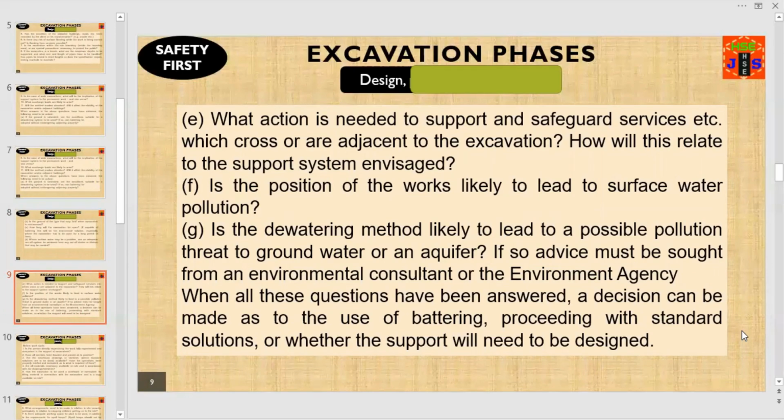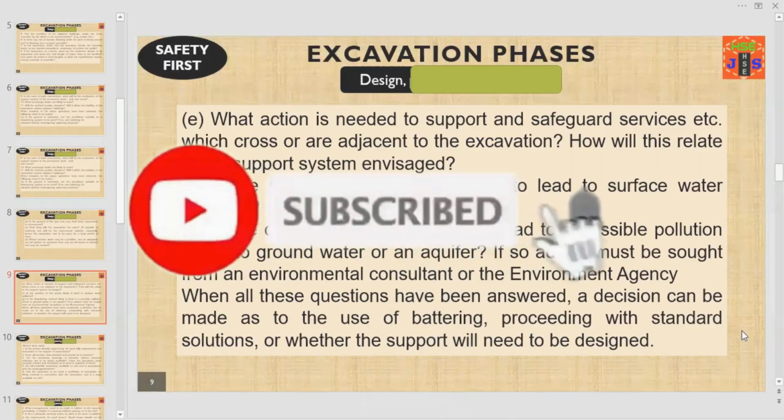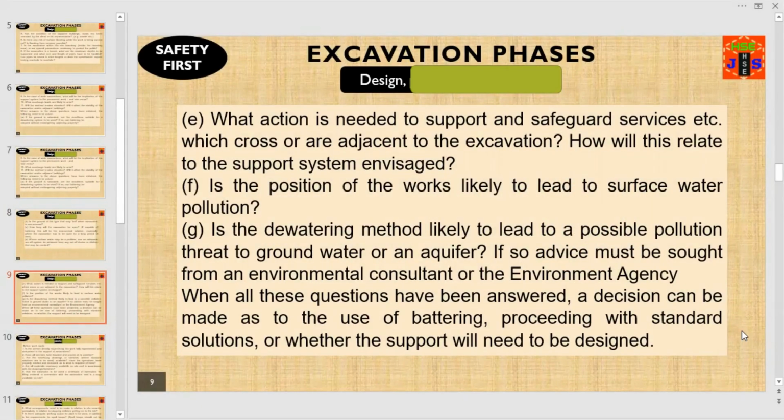If so, advice must be sought from an environmental consultant or the environmental agency. When all these questions have been answered, a decision can be made as to the use of battering, proceeding with the standard solutions, or whether the support system will need to be designed.